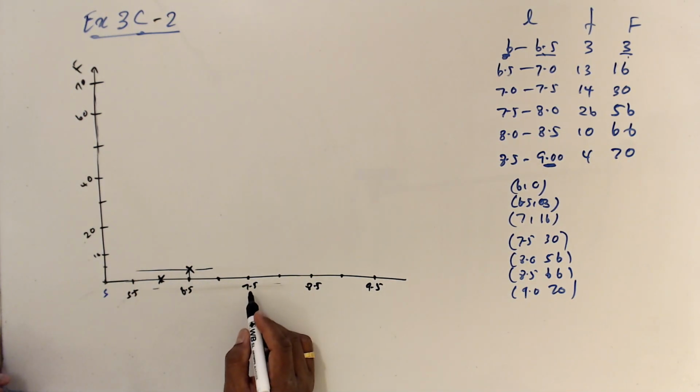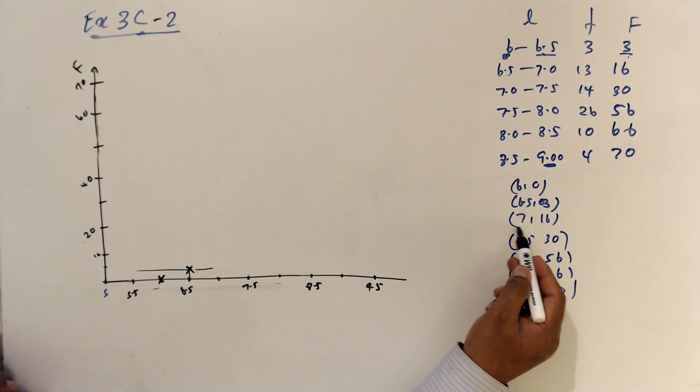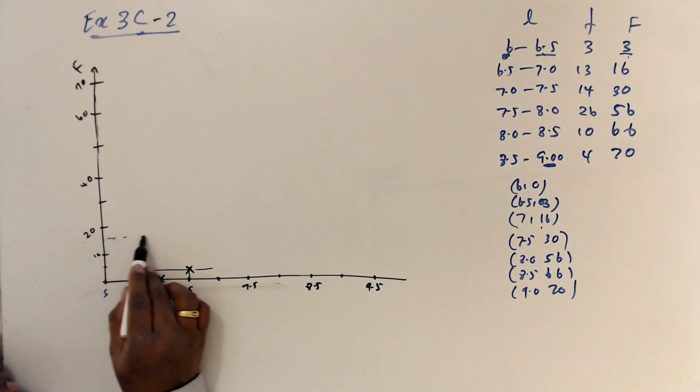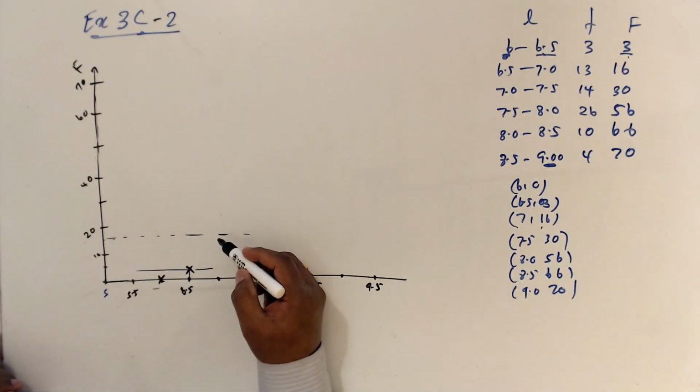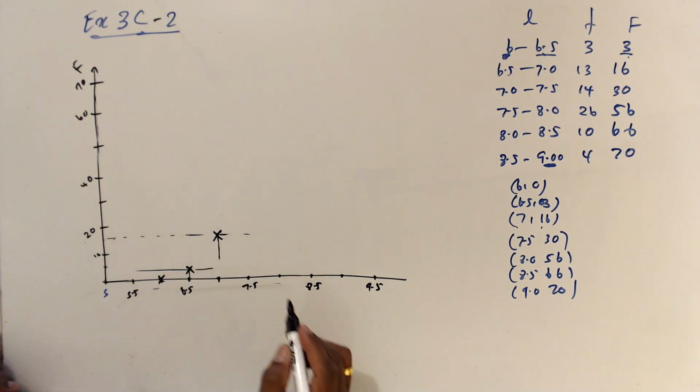And then 7.5, it is 30. It is 6.7 when it is 16. So 15 here. So somewhere here. So this is this one.